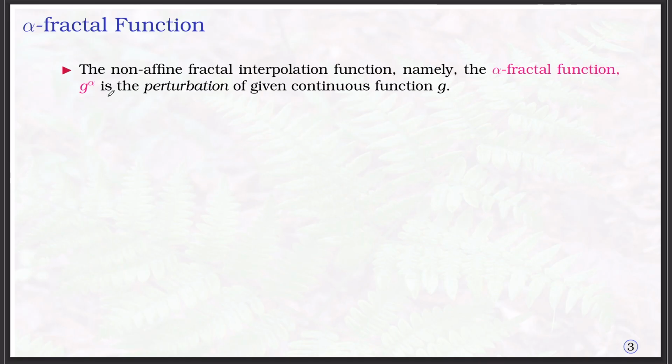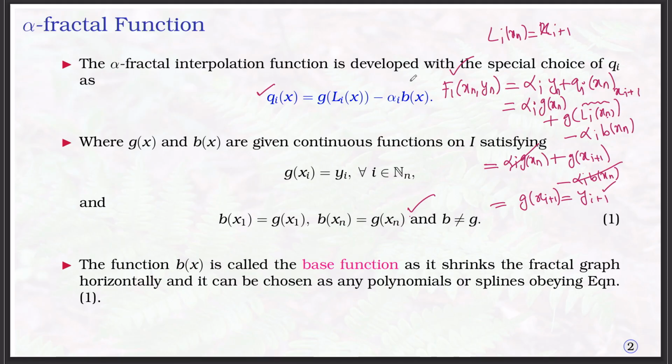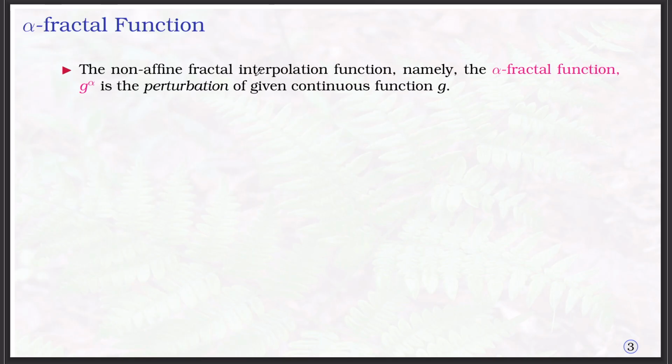Then the non-affine fractal interpolation function generated by this iterated function system is named the alpha fractal function. It is denoted as g power alpha. It is not g raised to the power alpha, it is just a notation.